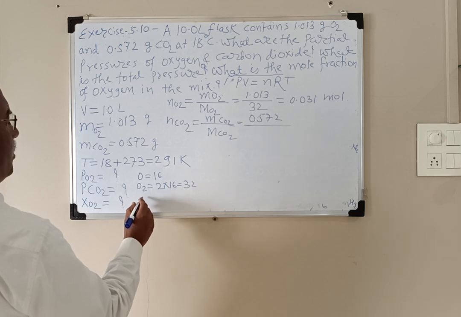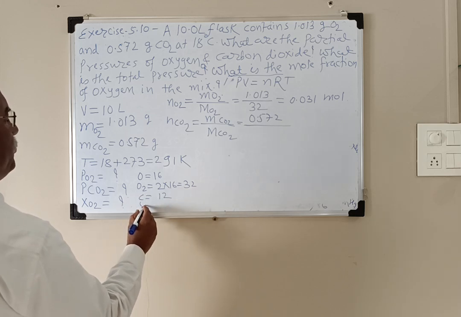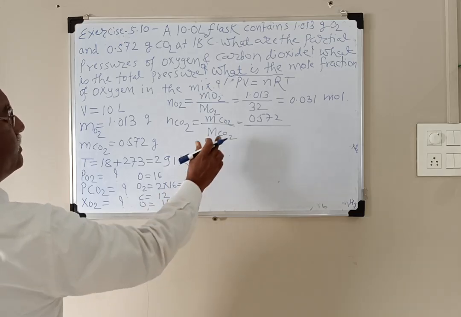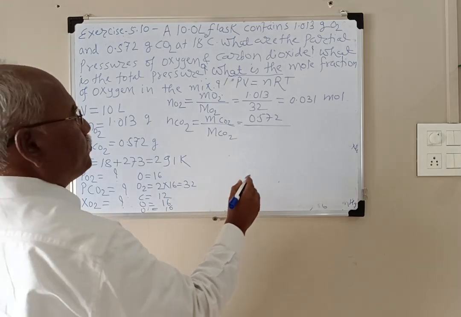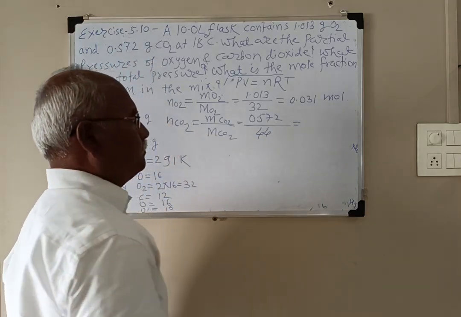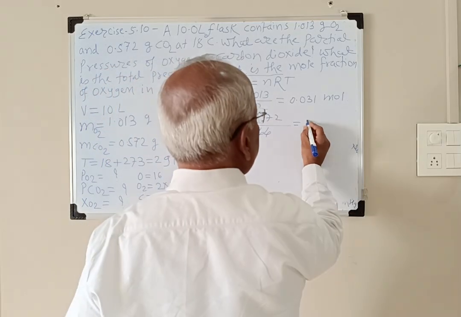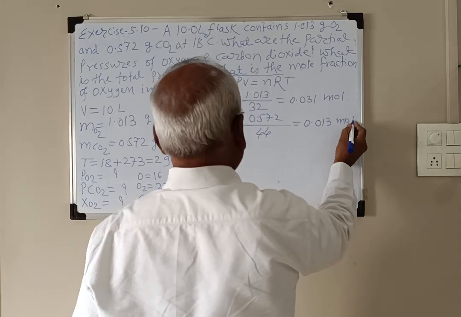Atomic weight of carbon is 12, oxygen is 16, another oxygen 16, that is equal to 44. Solve this. The answer is 0.013 mole.